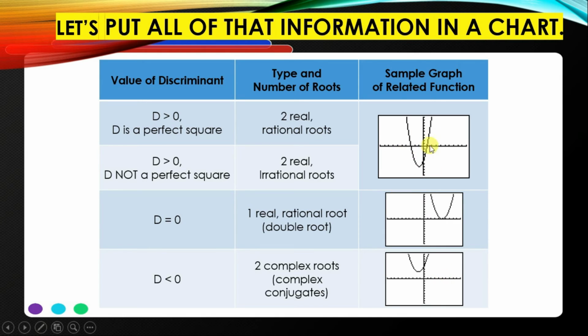So, as you can see, by just looking at this graph, we can say that there are two values of x. While in this second chart, we only have one value of x. While in this given chart, we have no values of x. I hope you have a clear idea about how to interpret the discriminant of a quadratic equation.